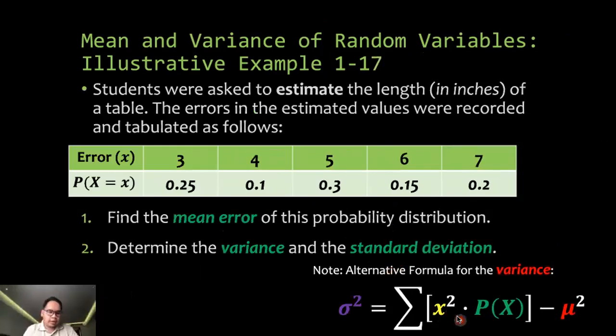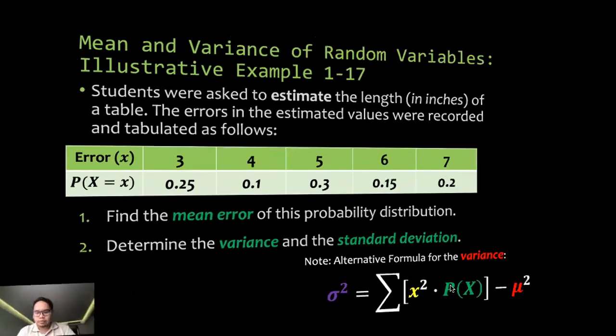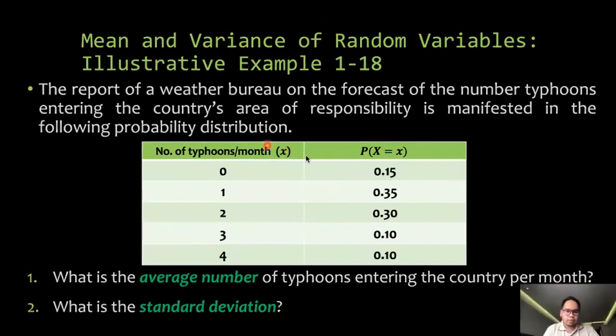We square the random variables, multiply that by its probability, sum up those products, and then ultimately subtract the mean squared. First, we multiply each of them per column this time. Our previous example was per row. Anyhow, it doesn't matter. The thing is you can understand how to build them up.